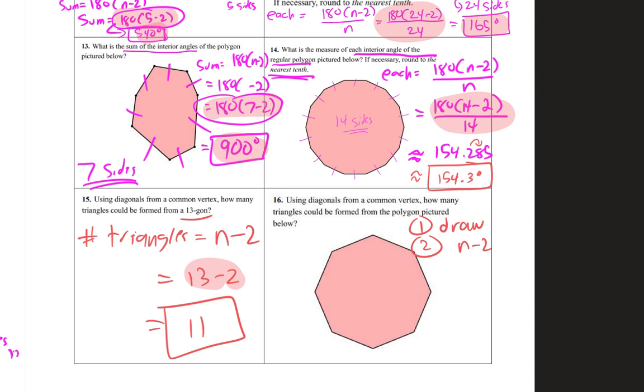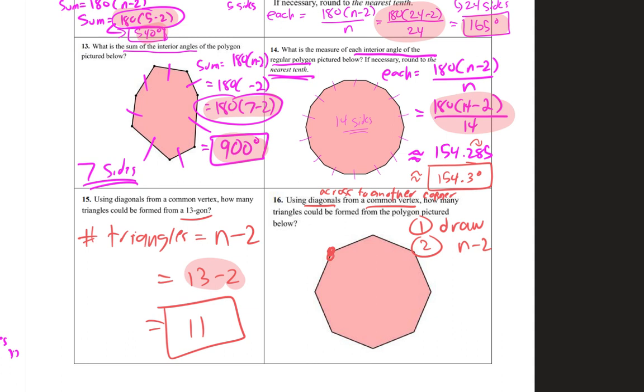Let's do the first way. If it comes from a common vertex, a diagonal goes across to another corner.